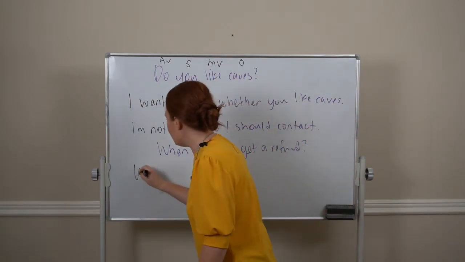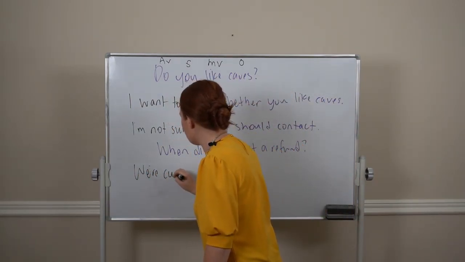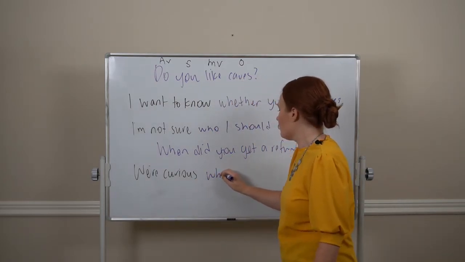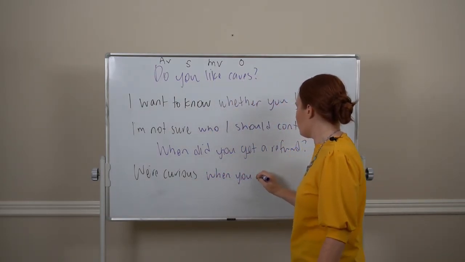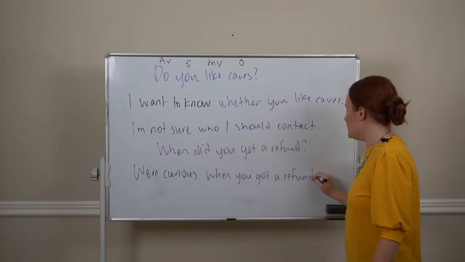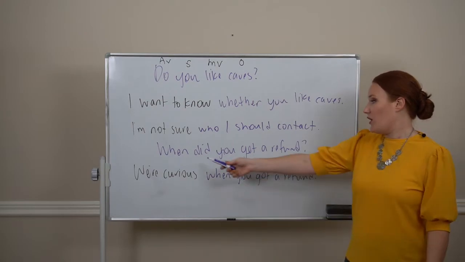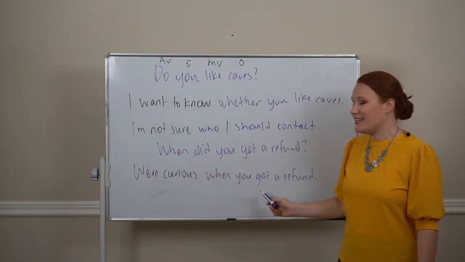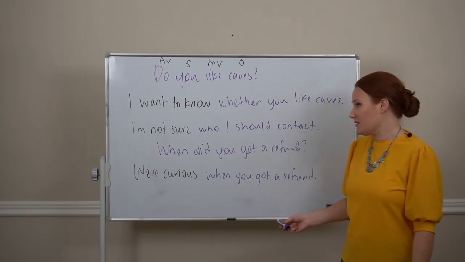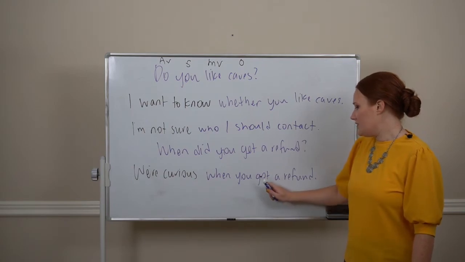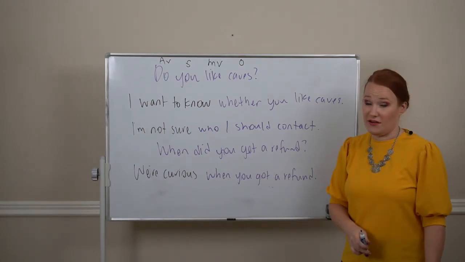We're curious when you got a refund. So our helping verb that we had to add, that auxiliary verb, we're not using in our noun clause. Not we're curious, when did you get, but when you got. So just our main verb there in the noun clause.